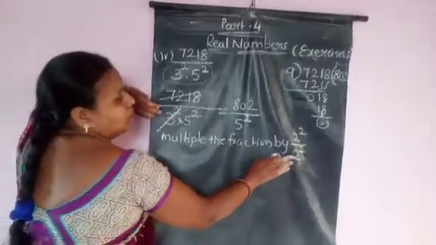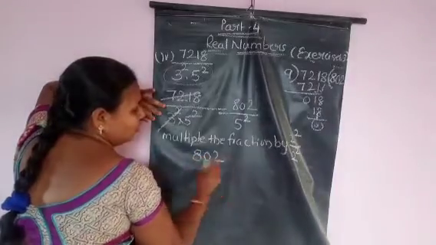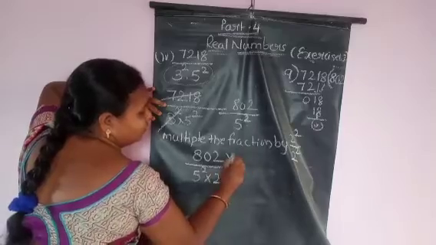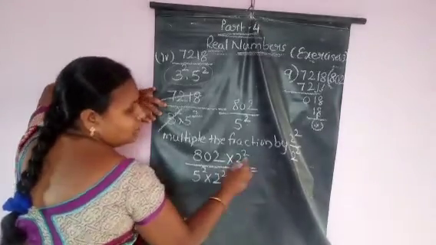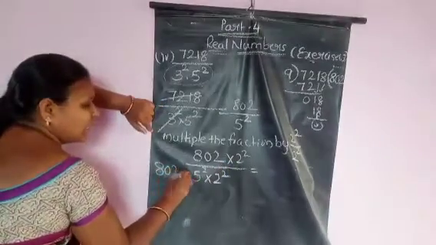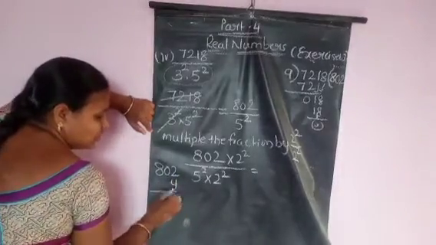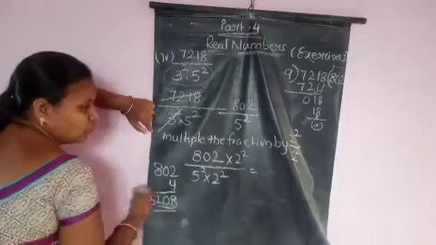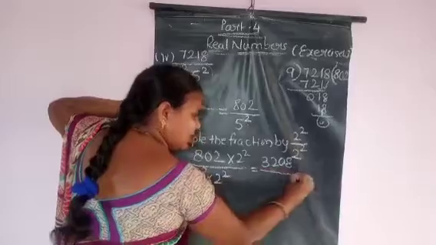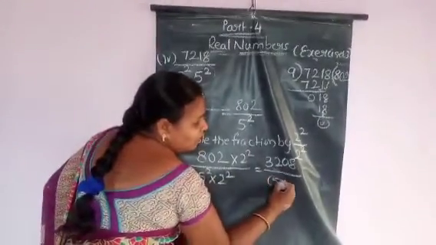So it is 802 by 5 to the power of 2 into 2 to the power of 2. Now 802 times 4: 4 2s are 8, 4 zeros 0, 4 8s are 32. So now in the numerator it is 3208 by 5 to the power of 2 into 2 to the power of 2.